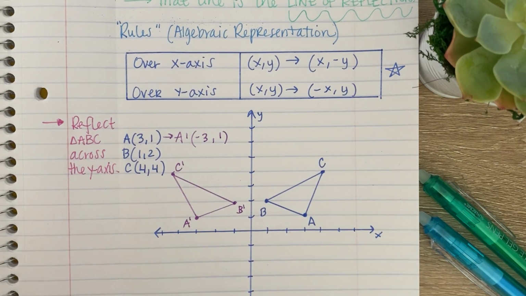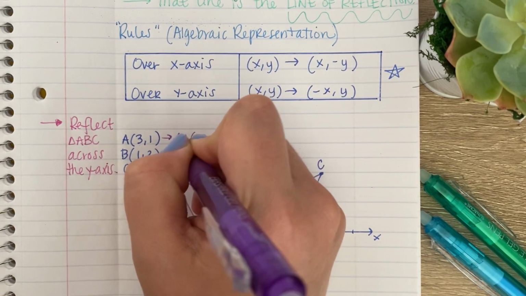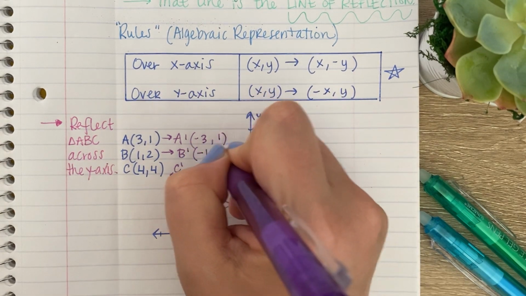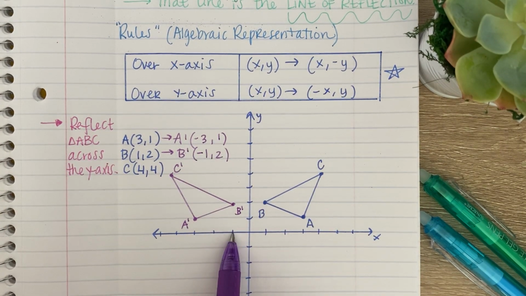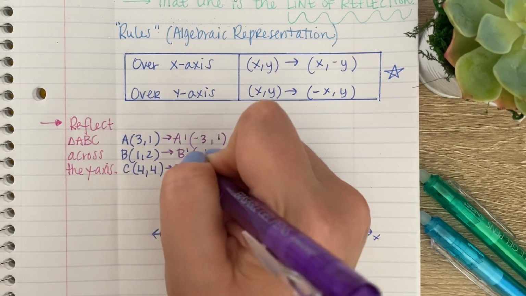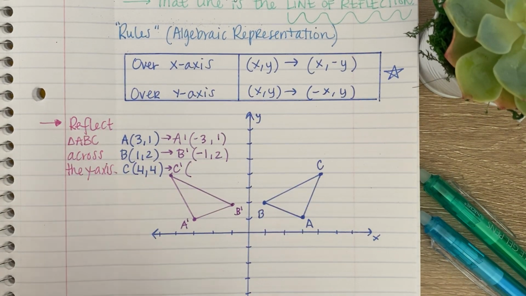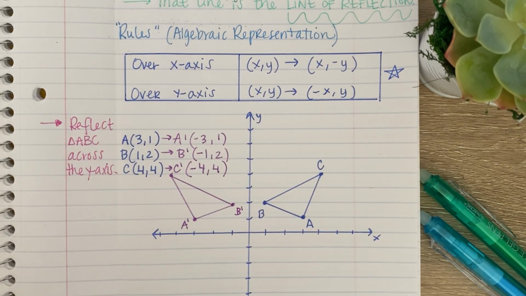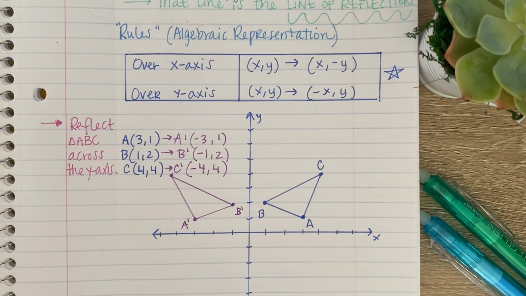So is point A prime at (-3, 1)? Why, yes, it is. And so B prime changes to (-1, 2). Is B prime at (-1, 2)? Why, yes, it is. And C prime changes to (-4, 4). Is C prime at (-4, 4)? 1, 2, 3, 4. 1, 2, 3, 4. Why, yes, it is. And that is how you do it.